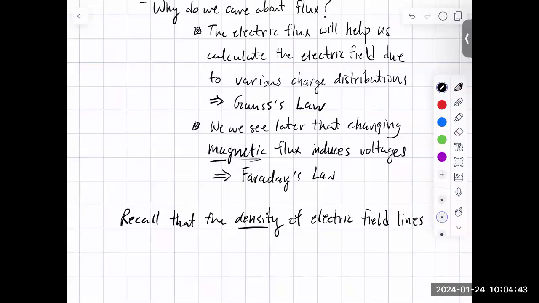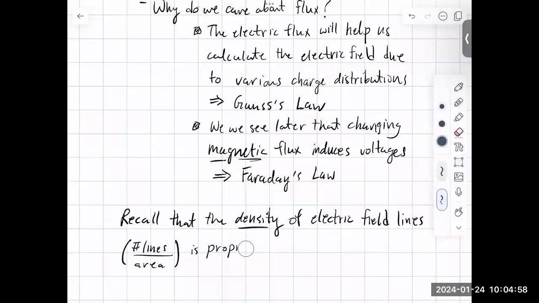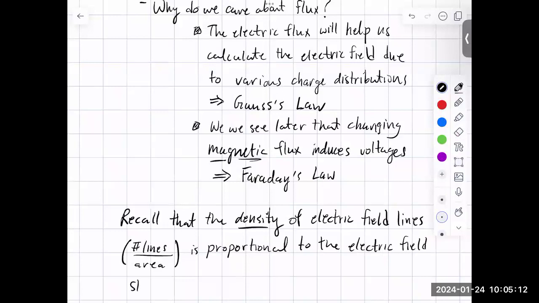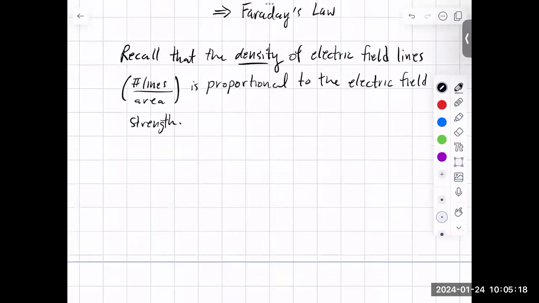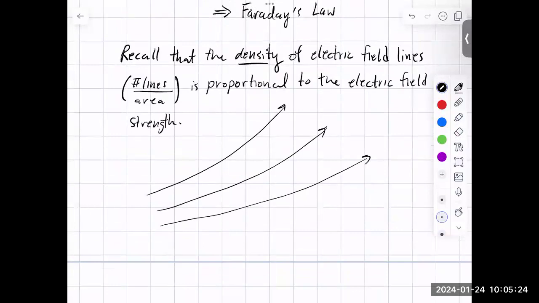The density of electric field lines, the number of lines divided by the area, is proportional to the electric field strength. We could draw a picture of that. Let's imagine I've got some region of space where the electric field is fanning out as it moves to the right.